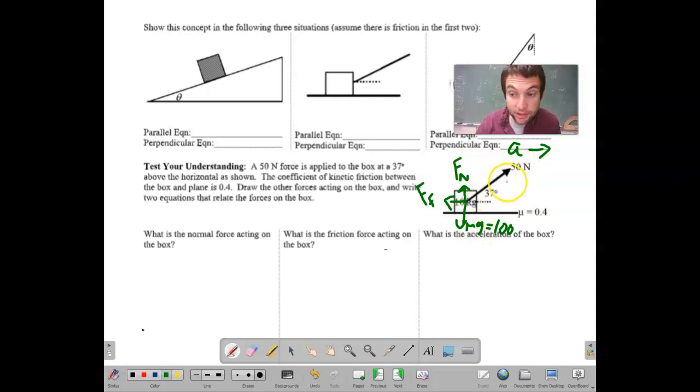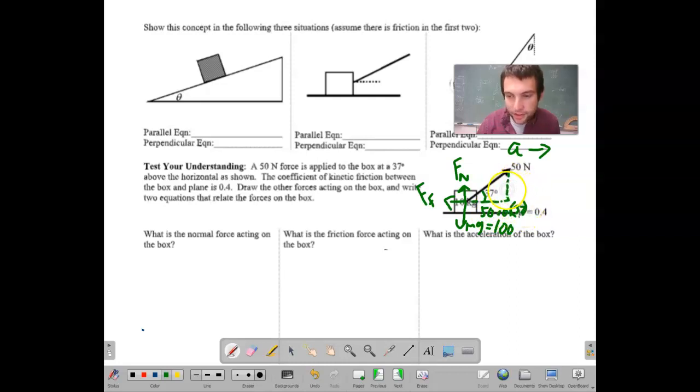This 50 Newton is neither, so we're going to resolve it into its components, where we have a horizontal or parallel component, and we have a vertical or perpendicular component. And there's our angle. So this side will be adjacent because it's touching the side. So it's going to be 50 cosine 37.